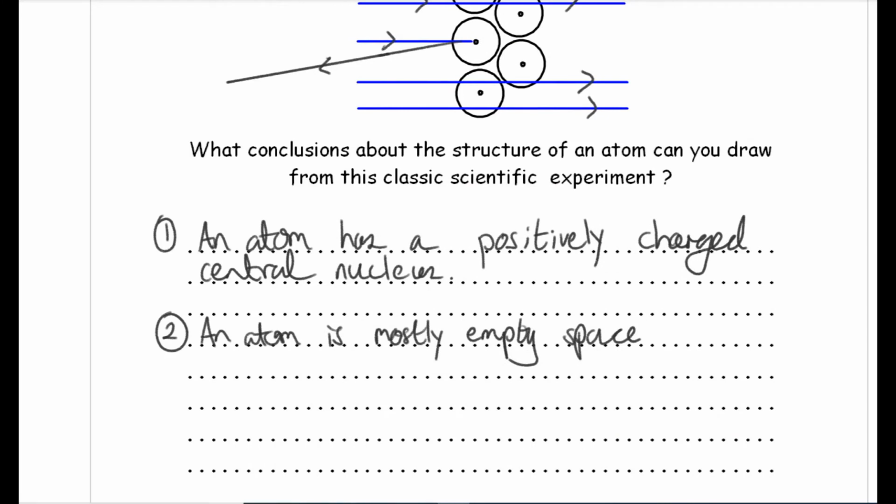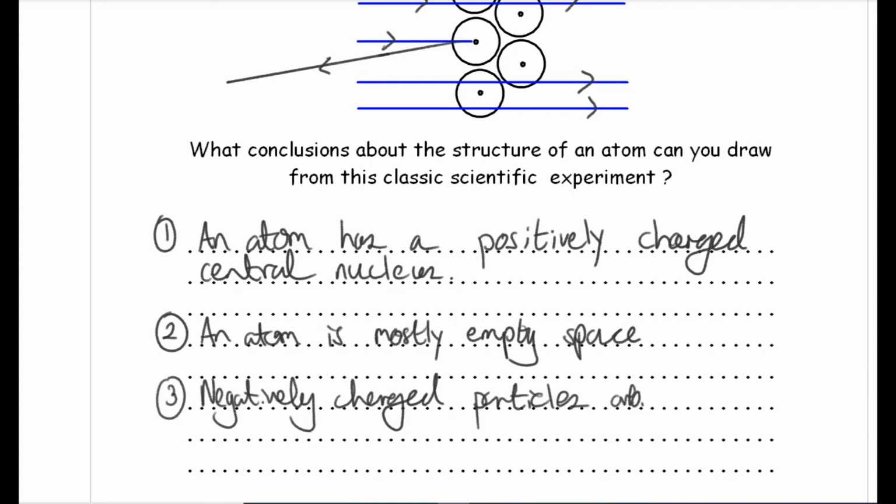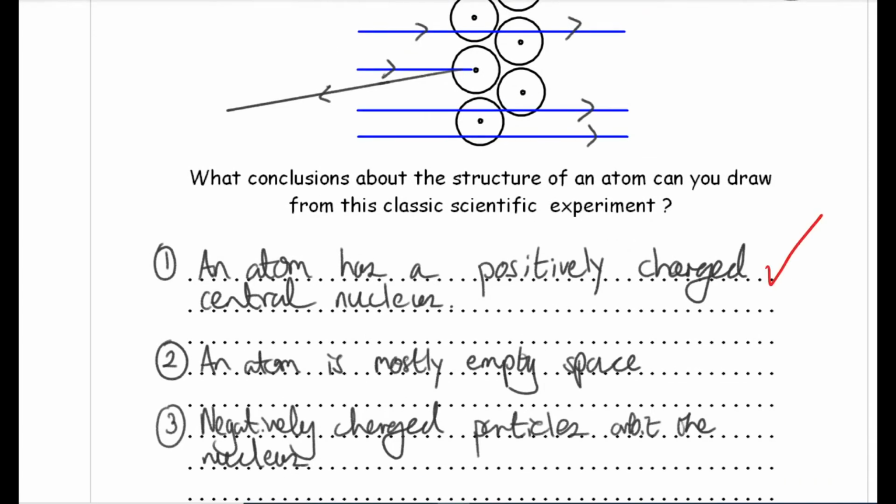So an atom is mostly empty space, and also negatively charged particles orbit the nucleus. However, from this experiment here, it's the first two, 1 and 2, is what we can conclude from the experiment.